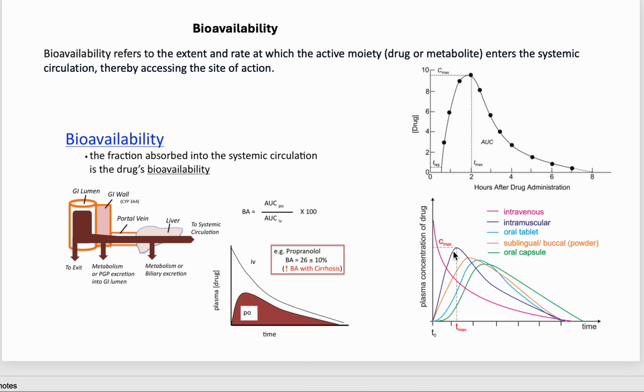You can see here, this purple one is for intramuscular, and this pink one is for intravenous. You can see the intravenous is so much more bioavailable at this point, and then for intramuscular, sublingual, oral tablet and oral capsule, as they have to pass through more stages of metabolism, they become less and less bioavailable.